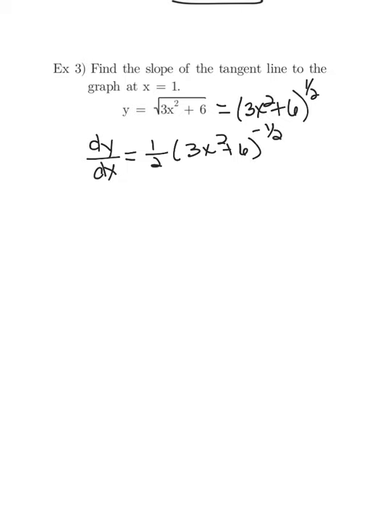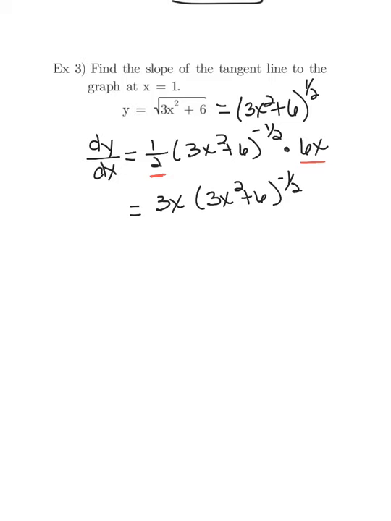And then we take that times the derivative of the inside, which will be 6x. If you take 1/2 times 6x, you will have 3x times 3x squared plus 6 to the negative 1/2.